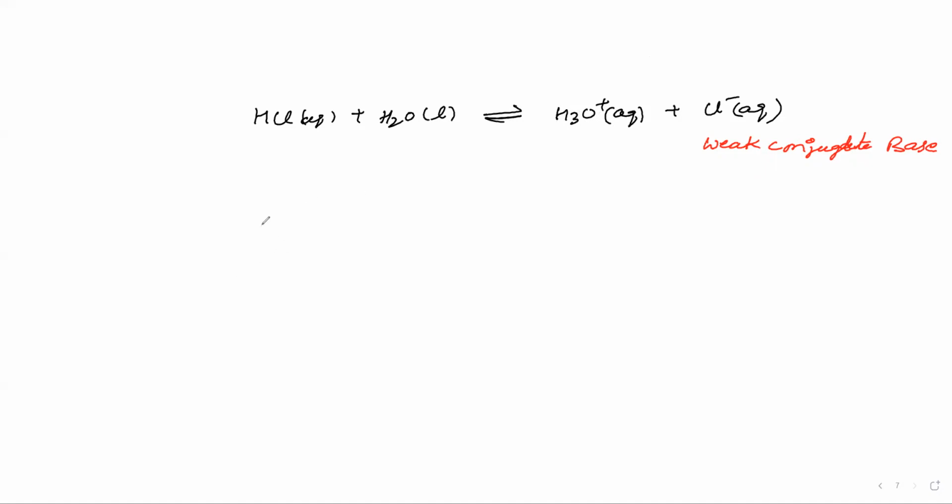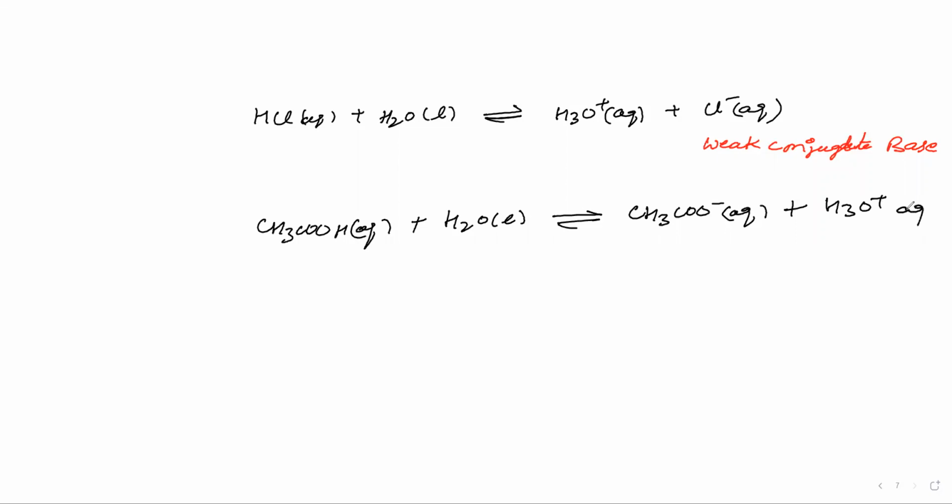Similarly, let us take another example. Acetic acid in equilibrium with water gives acetate plus hydronium ions. Now you know that this is a weak acid.